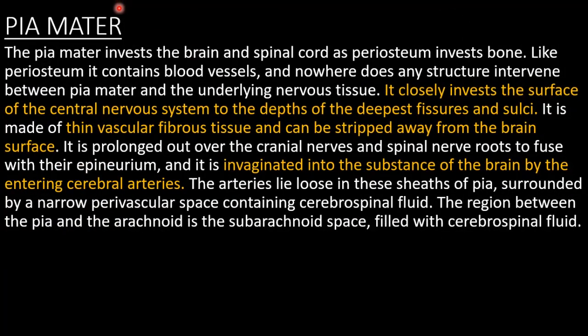Now, pia mater. The pia mater usually invests the brain and the spinal cord, just as the periosteum usually invests a bone. It contains blood vessels, and nowhere does any structure intervene between pia mater and the underlying nervous tissue. So it is continuous with the nervous tissue, that is with the brain. It closely invests the surface of the central nervous system, even into the depths of the deepest fissures and sulci.